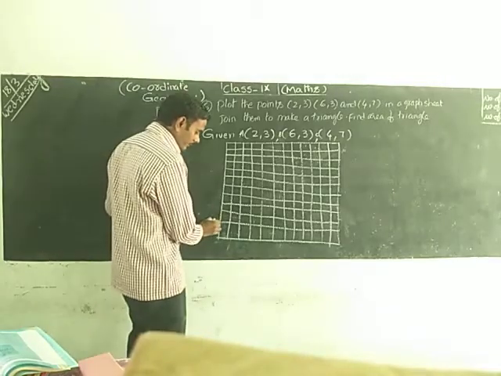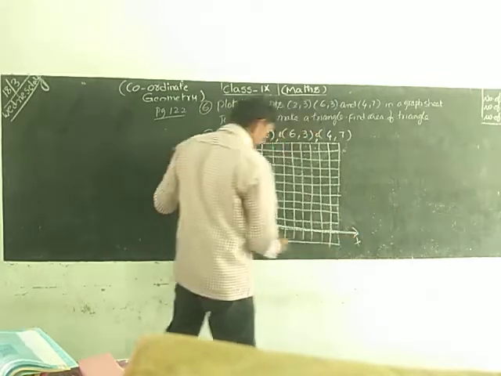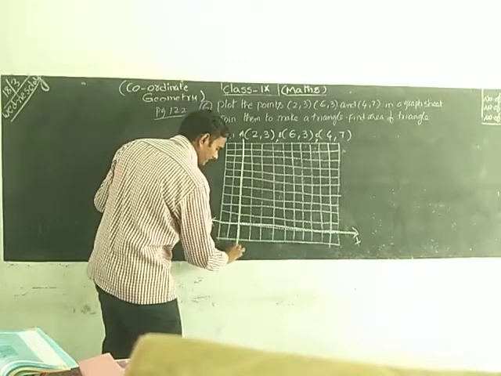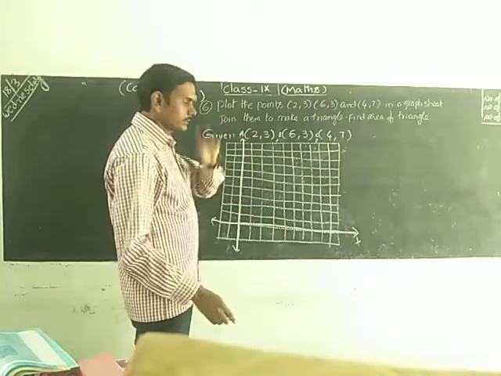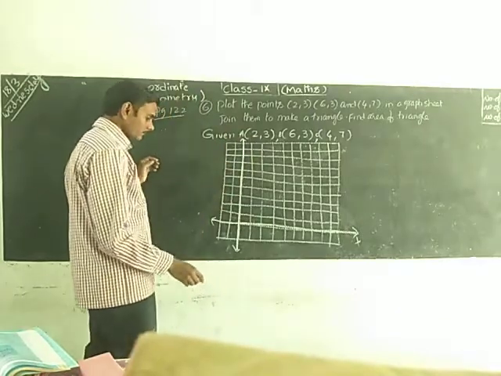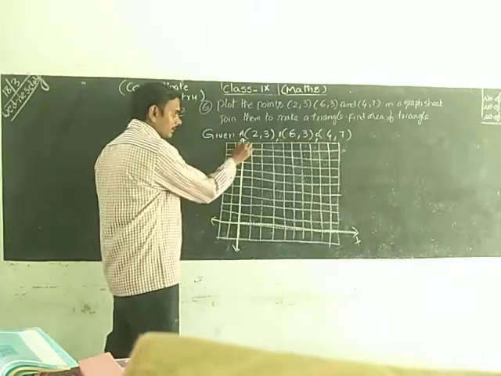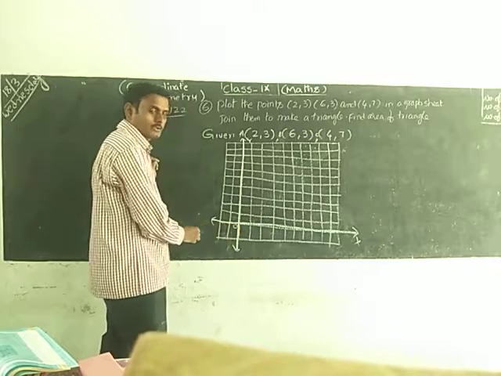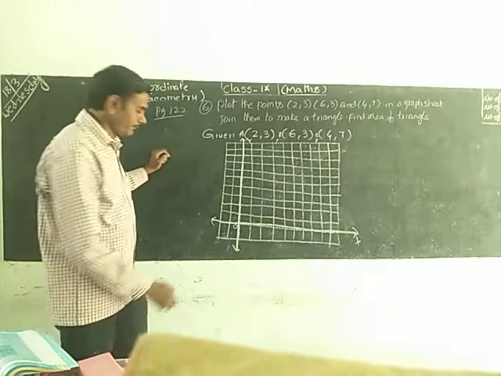Draw the x-axis and y-axis. The x-axis and y-axis meeting at one place is called the origin, denoted by the letter O, and its value is 0.